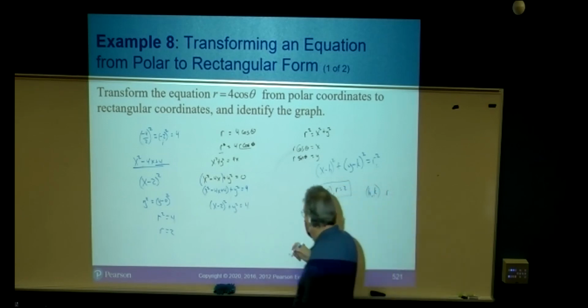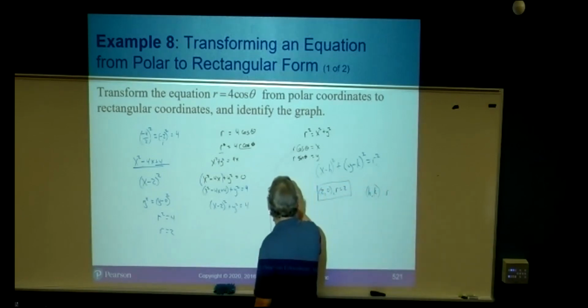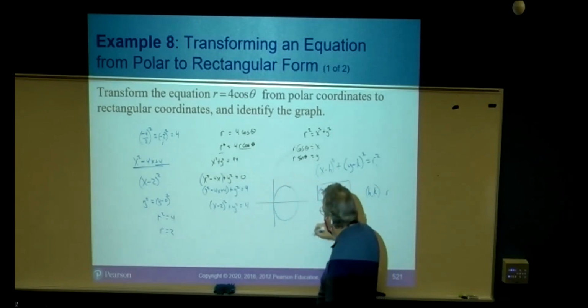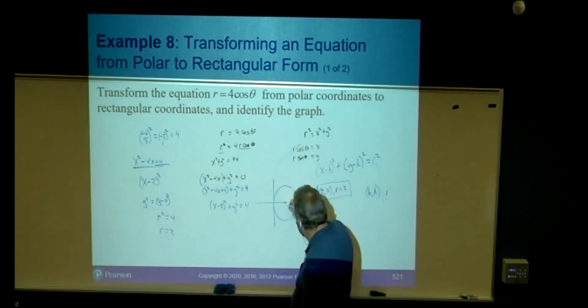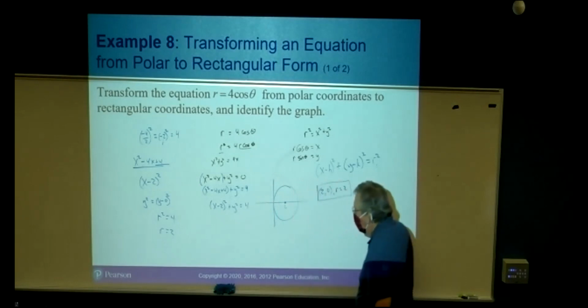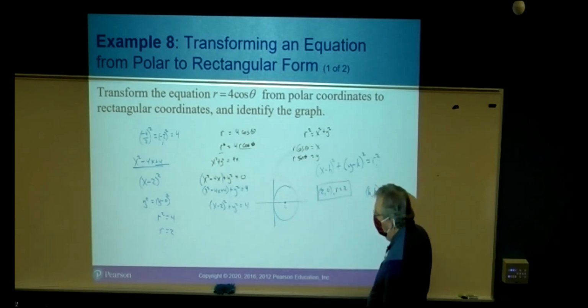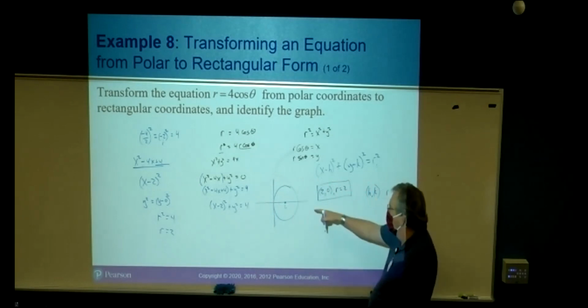What does that look like? I'm going to draw my circle first. Okay. And so this is the center, and it's at 2 on the x-axis. So that's what the circle looks like.